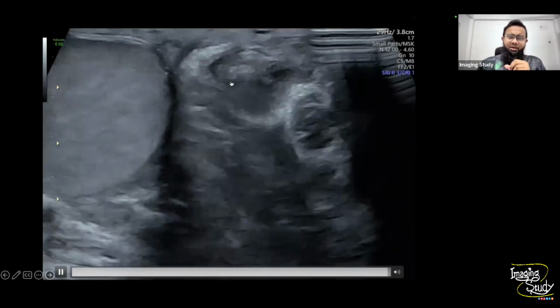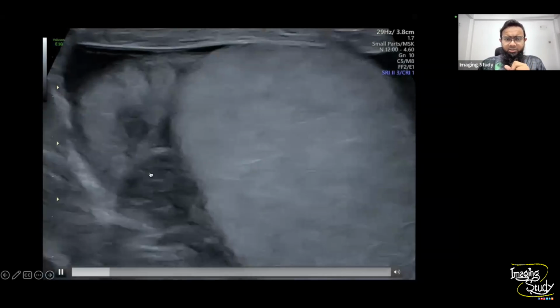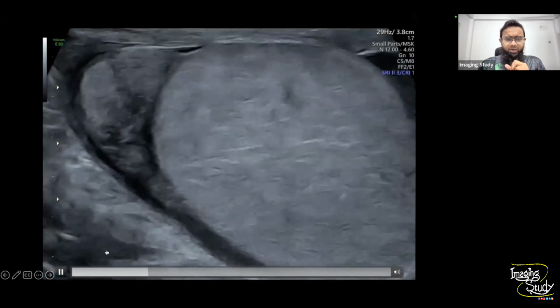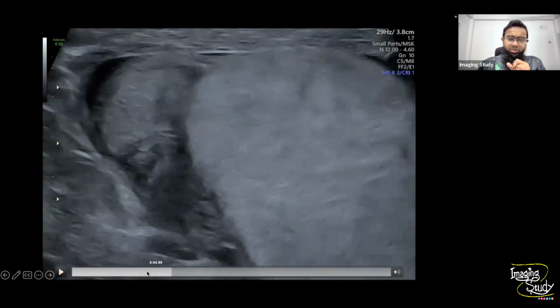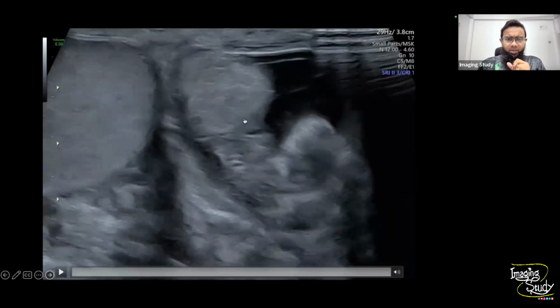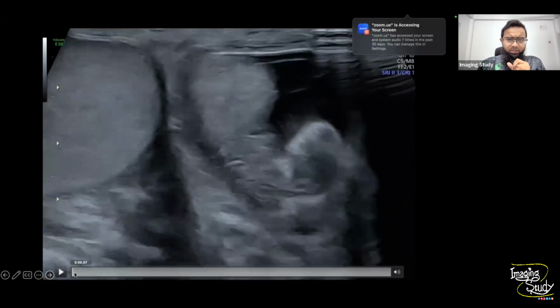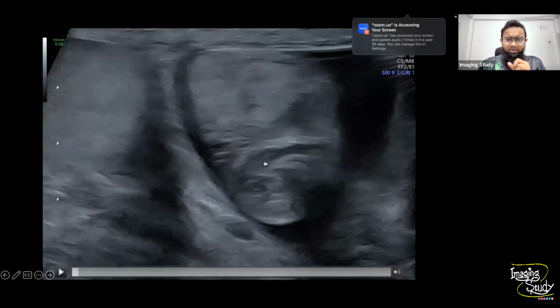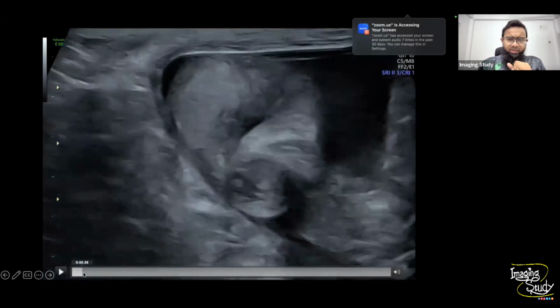Look at the epididymis here. It's swollen, it's heterogeneous, but you have to look at this part. Let me freeze the image to describe it a little. So you see this part swollen, just look at that part. Look at this area. This anechoic structure is the vessel. So check the orientation of that structure.